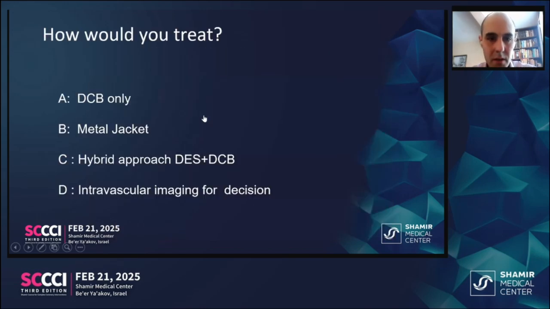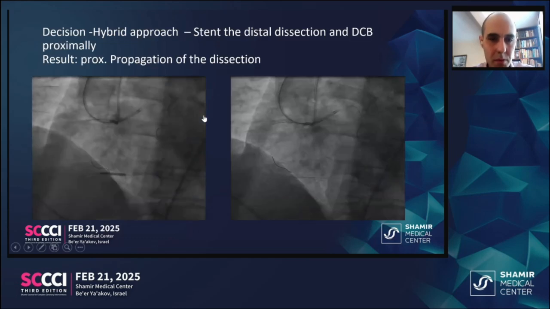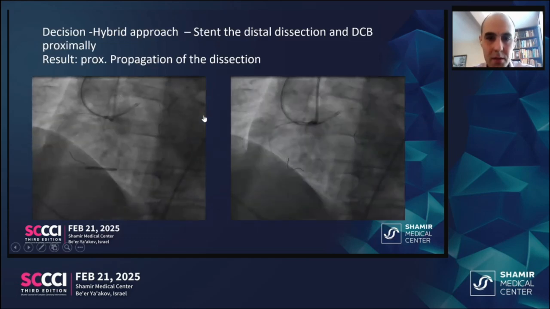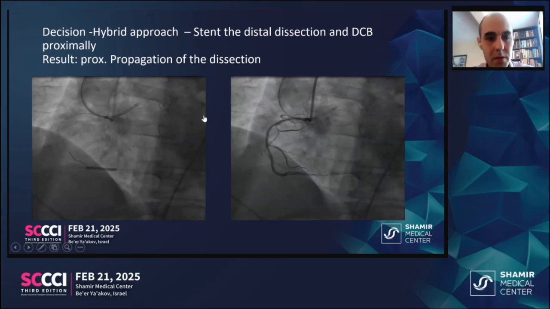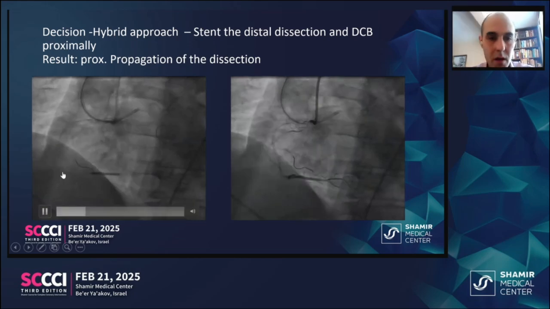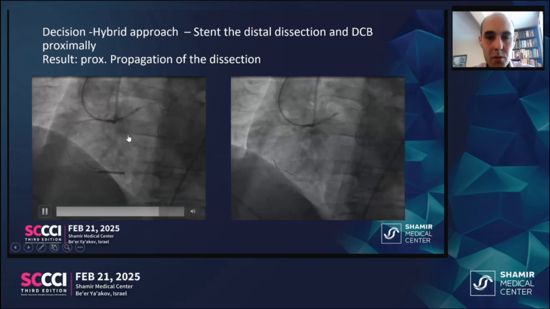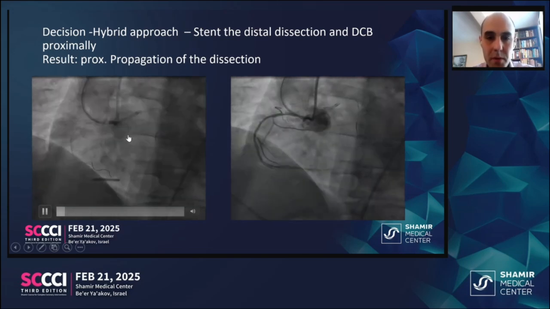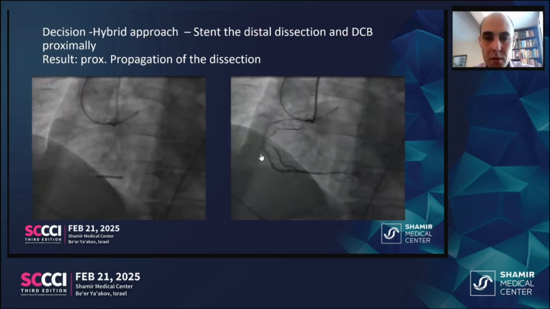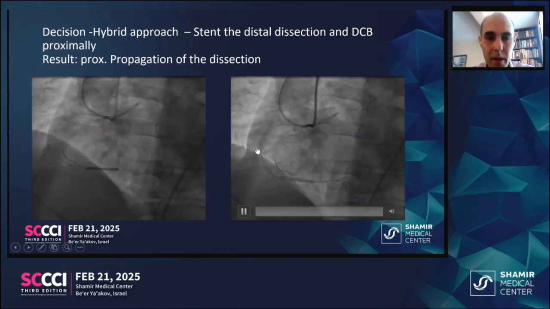What we did, we decided to do a hybrid approach. We decided to stent the distal dissection. Probably we should have used a longer stent, and to do some DCB proximally, because the CTO body does not look so dissected and it's not that bad.